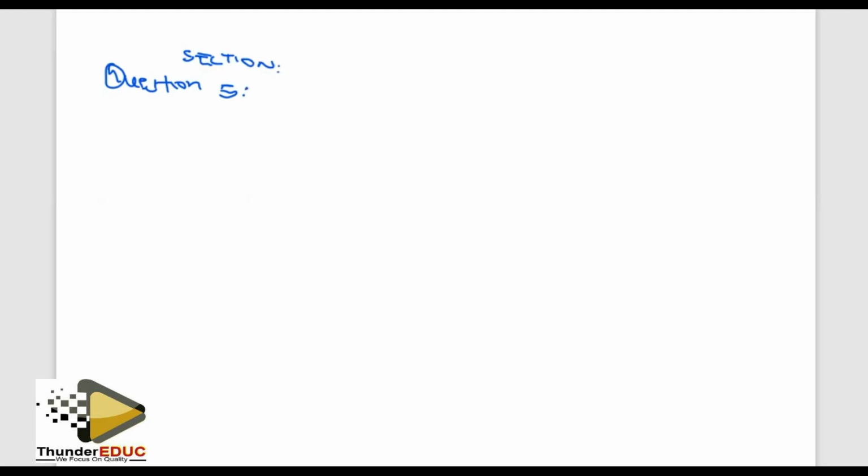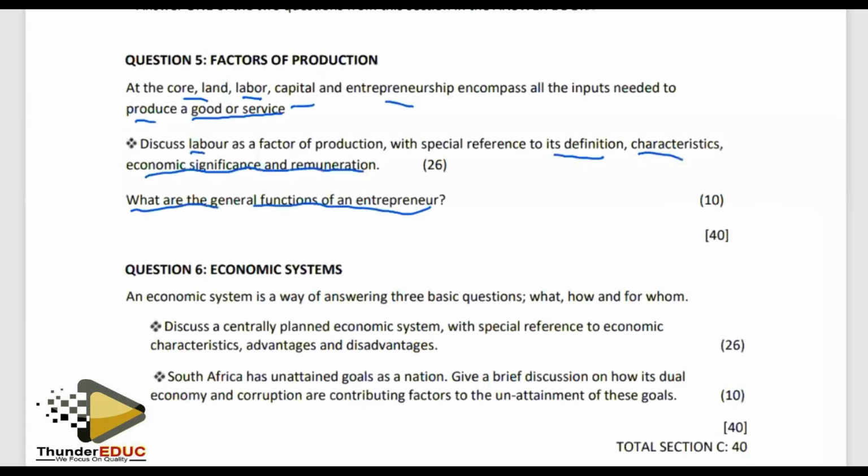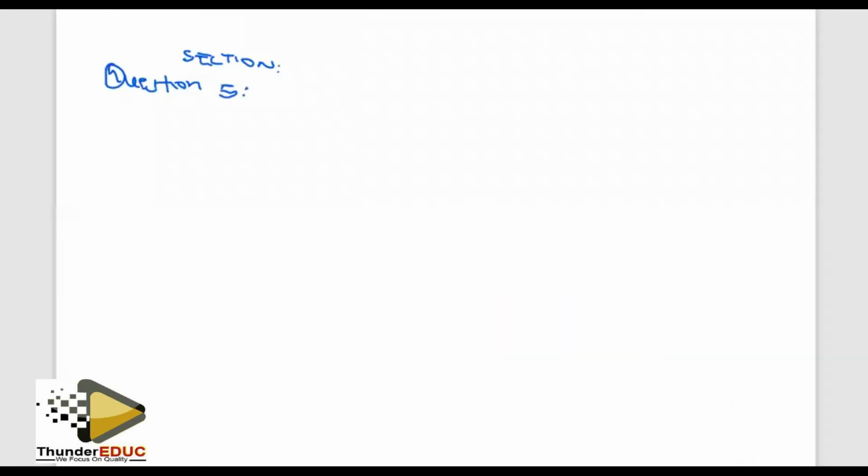The question wants us to discuss labor as a factor of production with specific reference to definition. They want us to make a definition, characteristics of that.